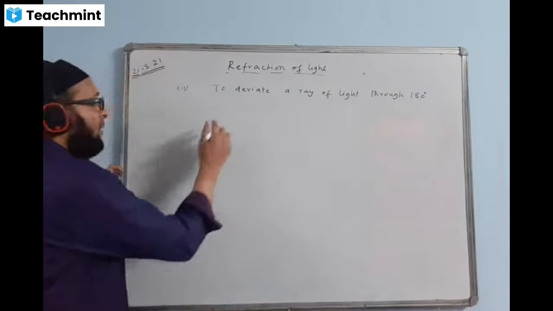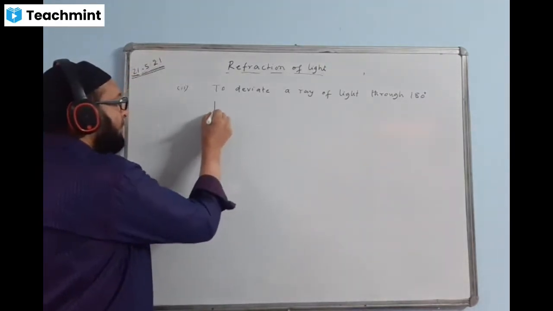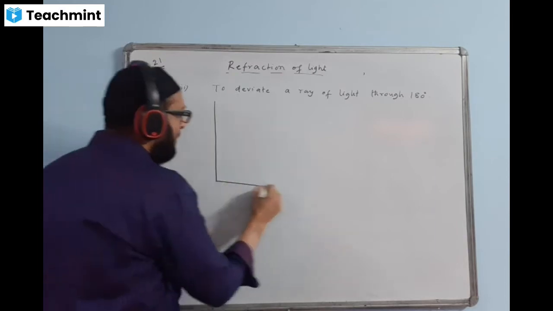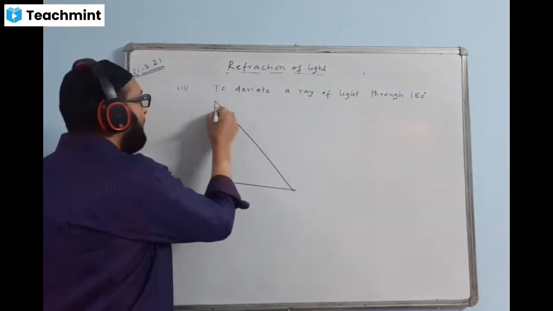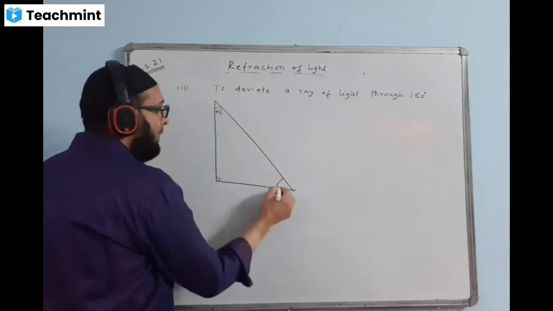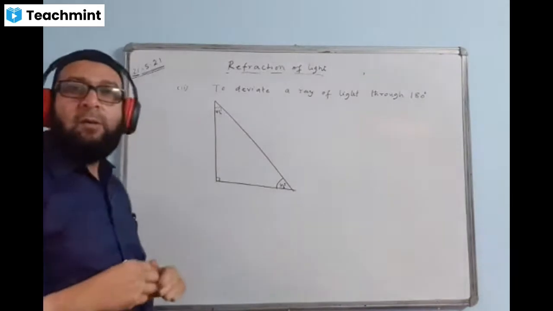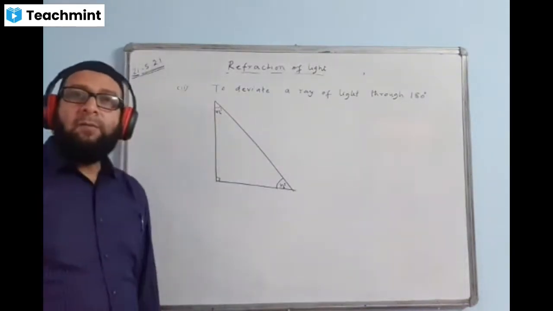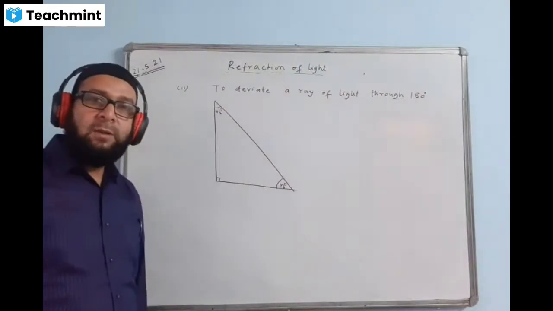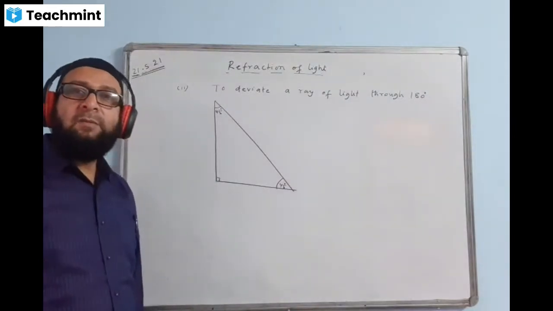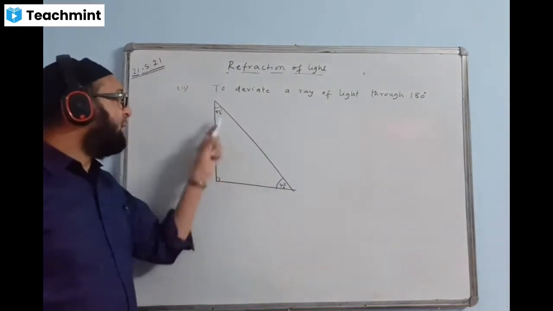Okay, now just have a look at it. Now we are taking the same prism: 90 degrees here, 45 degrees here, 45 degrees here.